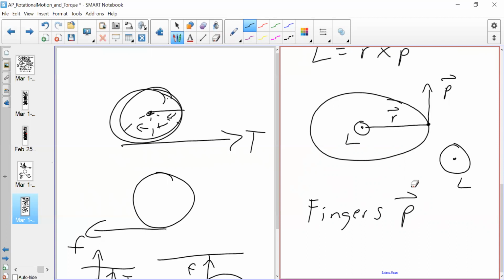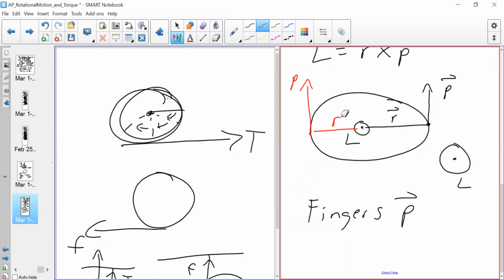When you curl the fingers, P, about R, your thumb naturally points out. That's how you can visually comprehend that angular momentum comes out of the page. In another configuration, it will be pointing into the page. If I had the momentum over here, now with respect to radius R, it's going to go into the page.